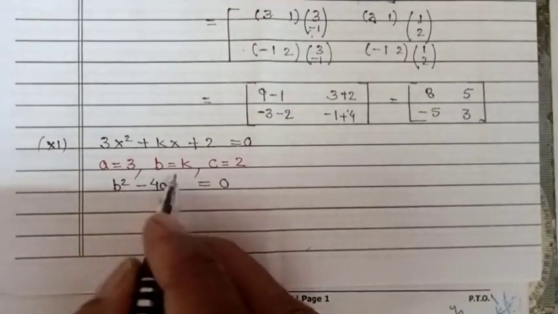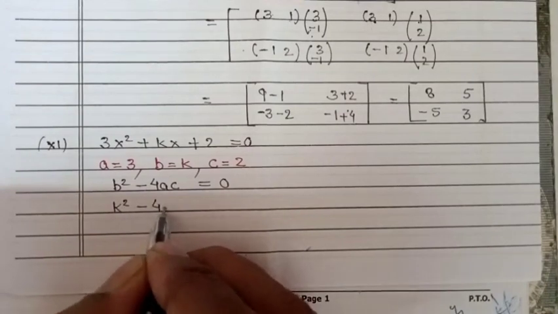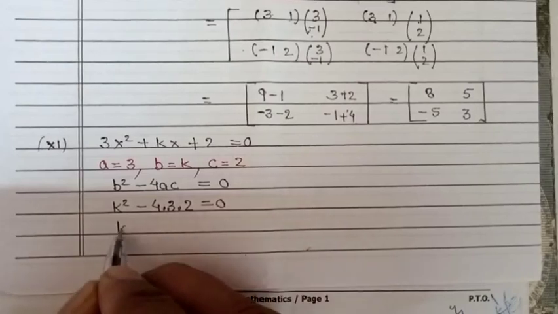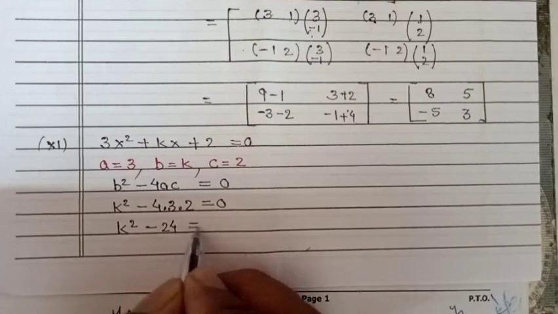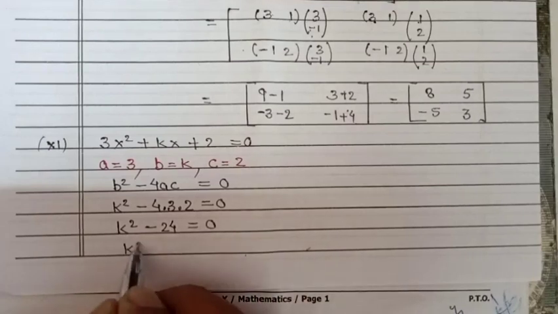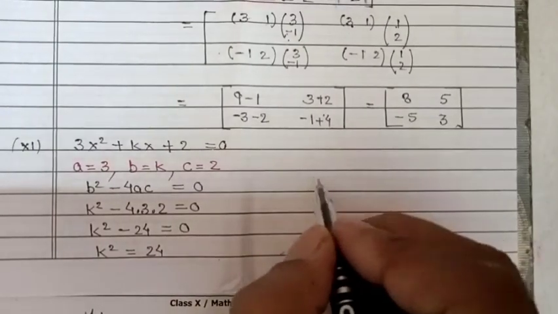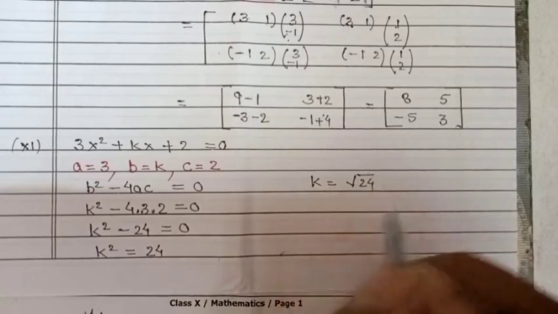So let's see, b is k, so k square minus 4 into a into c. So we are getting k square minus 24 is equal to 0. So k square is equal to 24. So k is equal to under root of 24.